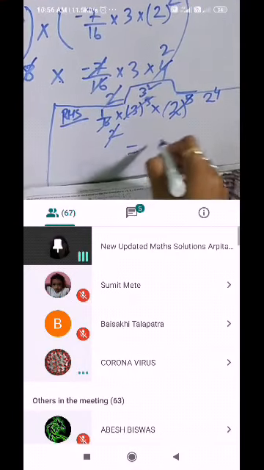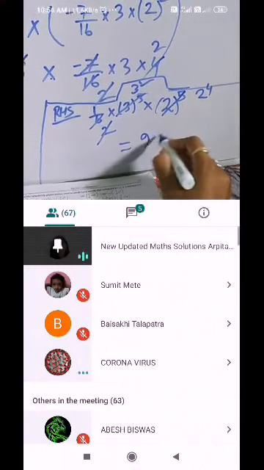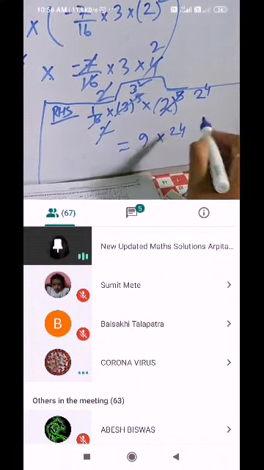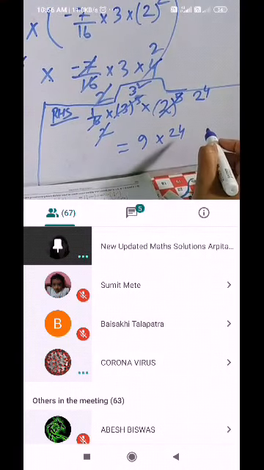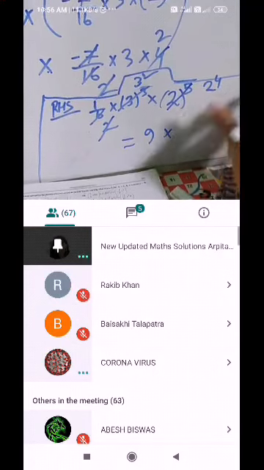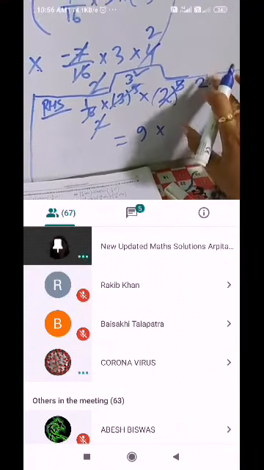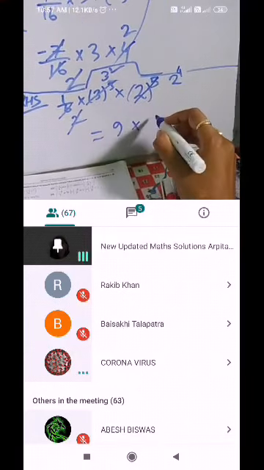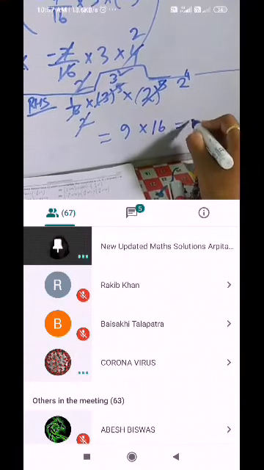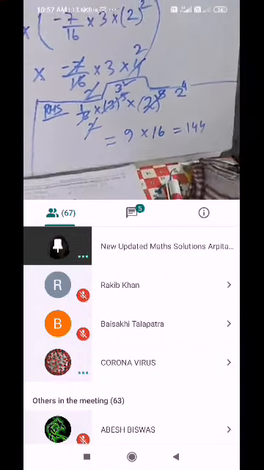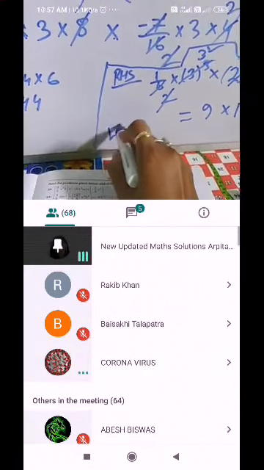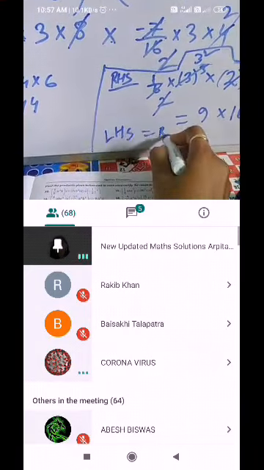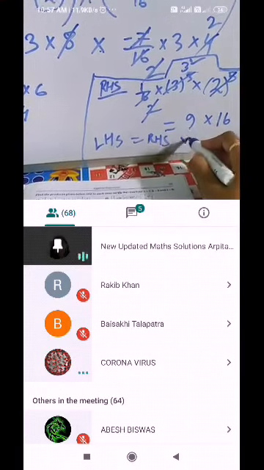Then we can calculate. 3 square means 9, into 2 to the power 4. 2 to the power 4 means what? 16. That means 144. So here we can say that LHS equals RHS. Verified. Can you understand?